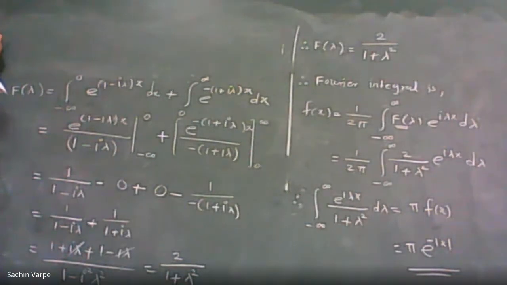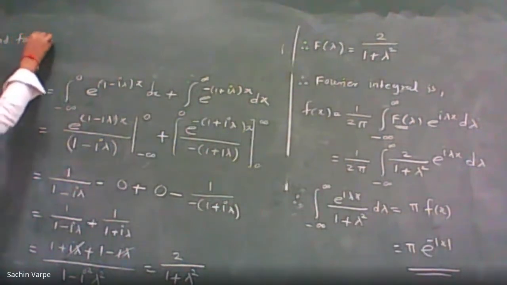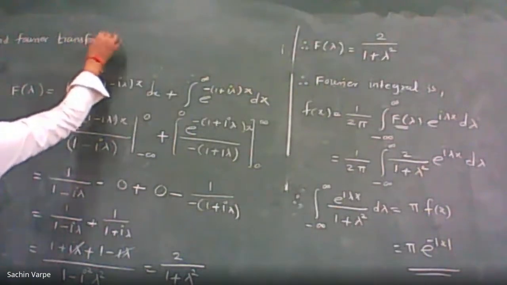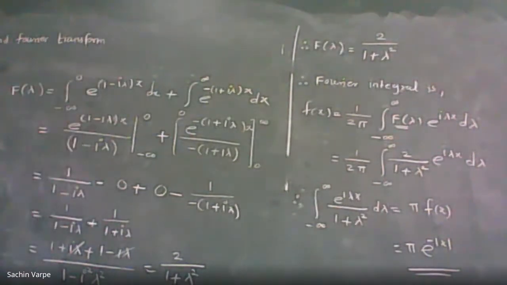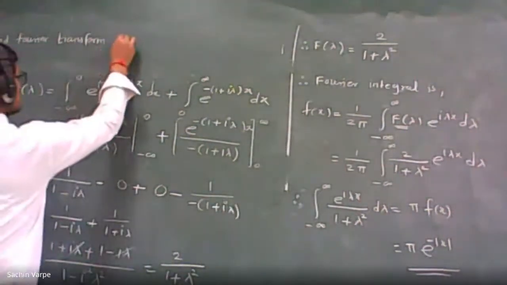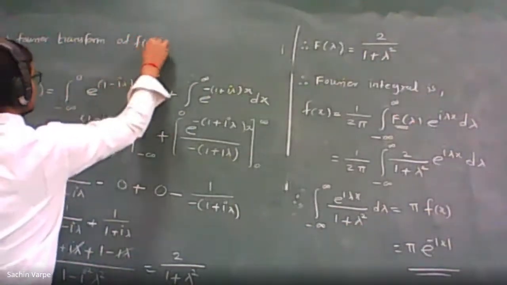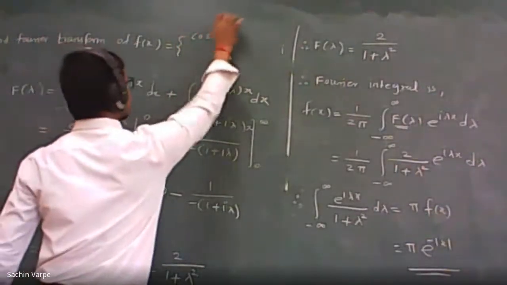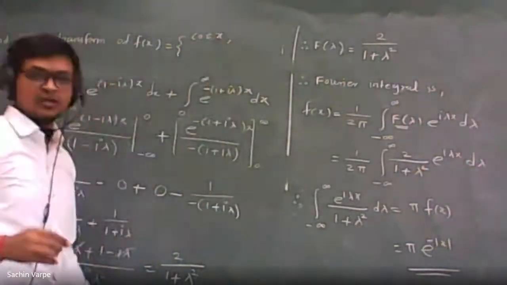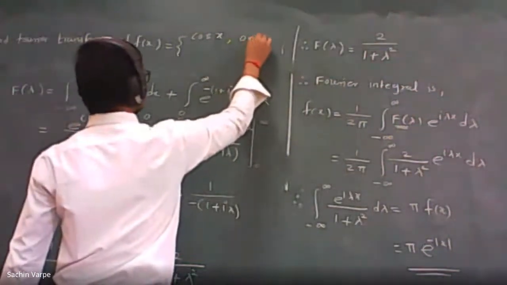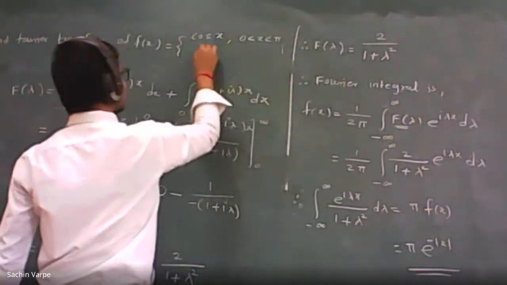Find Fourier transform of the function f of x equals cos x in the interval 0 to pi, and it is 0 otherwise.